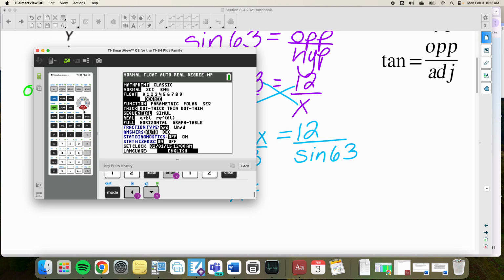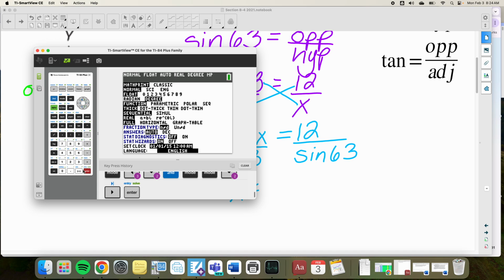So for what we're doing, we're gonna hit mode right here on your calculator, and we're gonna go down to the 4th row, and we're gonna put our calculator in degree mode, okay? I'm gonna use my right arrow so that degree is flashing, and then I'm gonna hit enter.